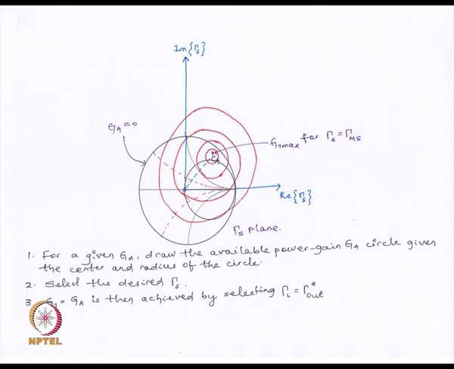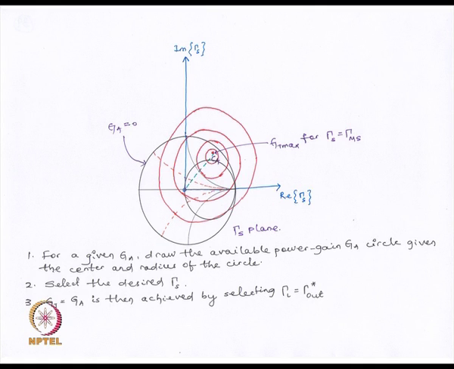This is of course the gamma S plane. For the operating power circles, it was the gamma L plane. And so the way to design is that suppose this is the 10 dB available power gain circle and you need a gain of 10 dB, then choose a point on this red circle that lies within the Smith chart. This is of course the unconditionally stable case.